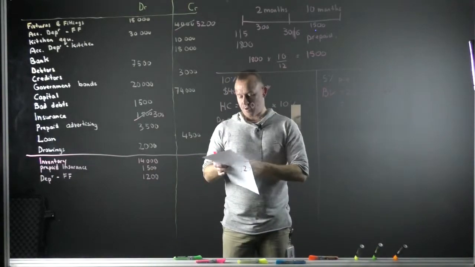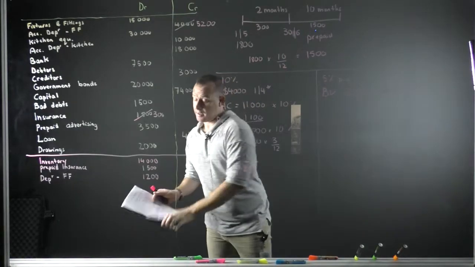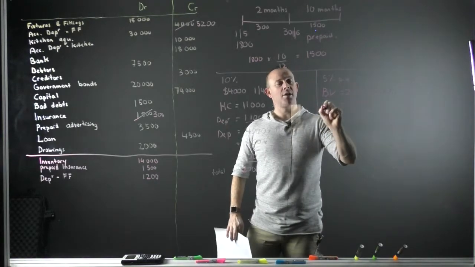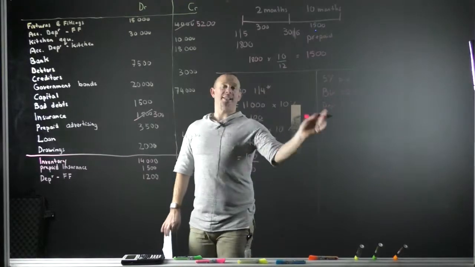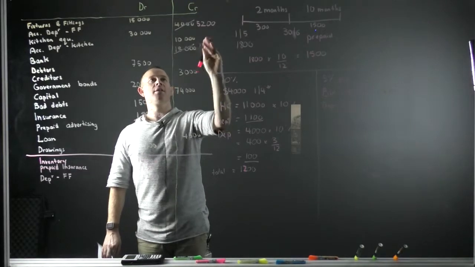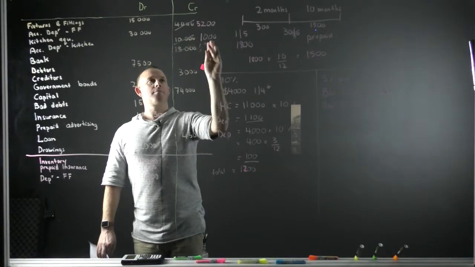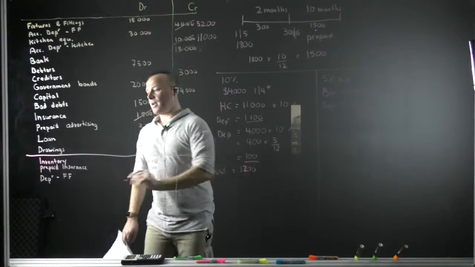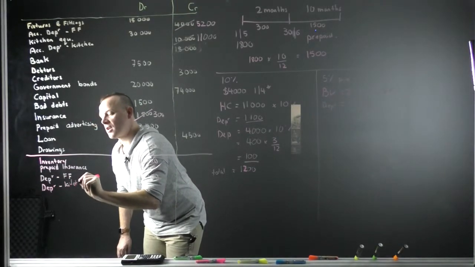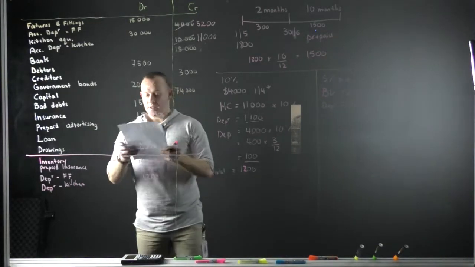So 1,000 is our depreciation amount for the kitchen. We need to add that onto the accumulated depreciation to make this 11,000. And then we need to make a new account called depreciation kitchen, because we want to itemize the accounts. That is 1,000. We've done that one.